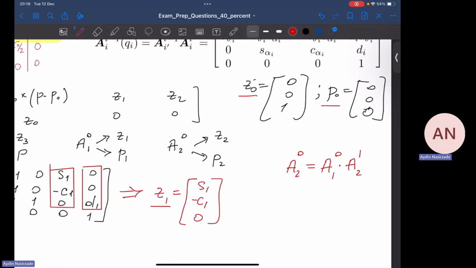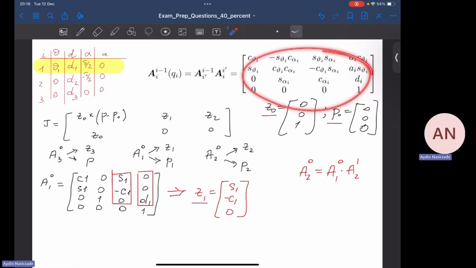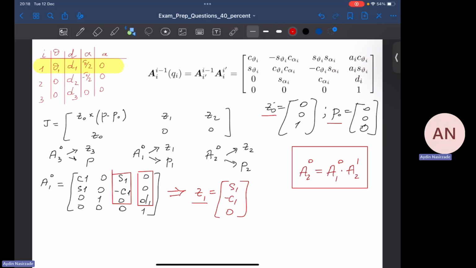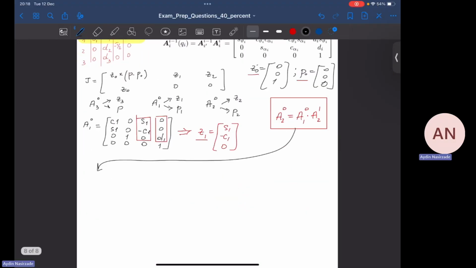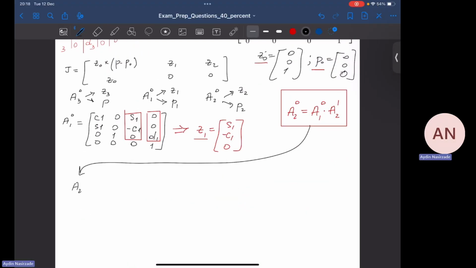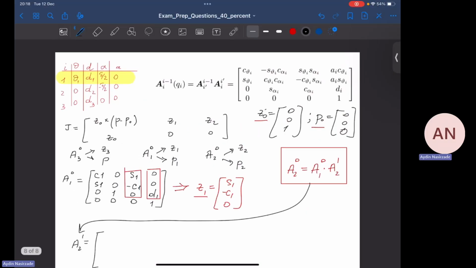We don't have it, but we can find it using this matrix. Now, from here, I can find A2 to 1. And you know how we can do it?